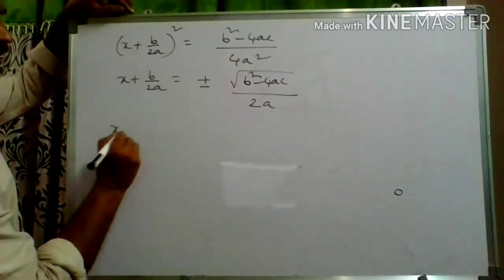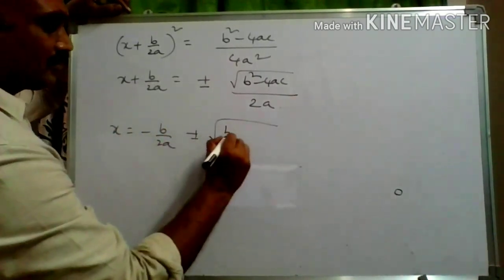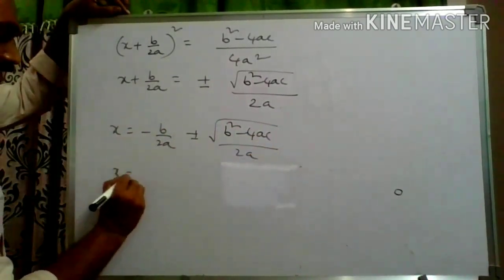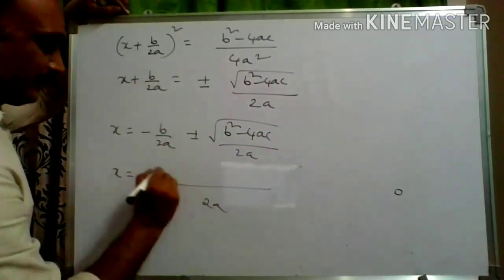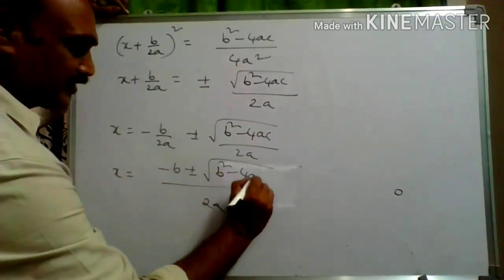Therefore x is equal to minus b by 2a plus or minus root of b square minus 4ac by 2a. Here LCM is 2a: x = (minus b plus or minus root of b square minus 4ac) by 2a.